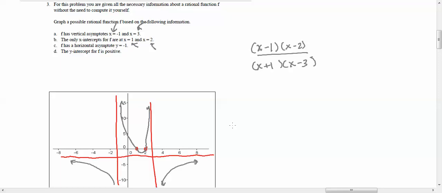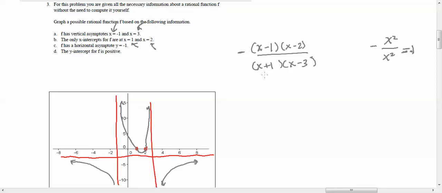Let's see. That would mean that there should just straight up be a negative out in front here. Because when I look at x going to infinity, that would be x squared on top and x squared on the bottom. That gives me a positive 1, but I want the answer to be negative, so I put a negative out in front, so that'd be -1.